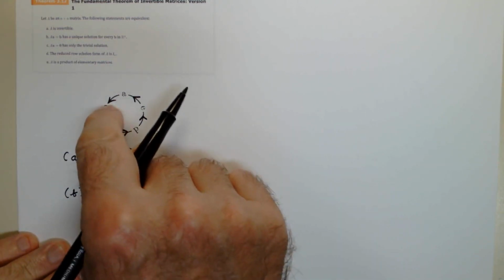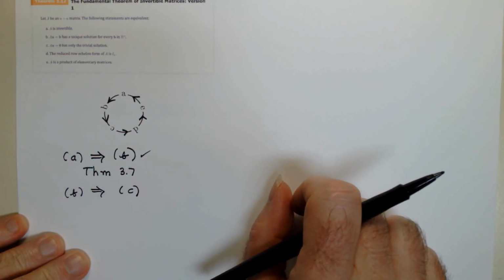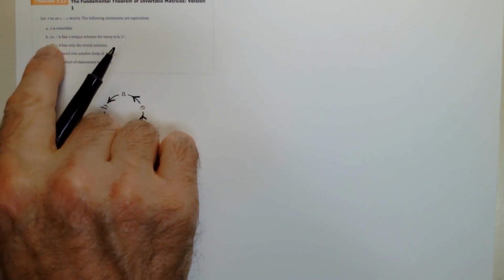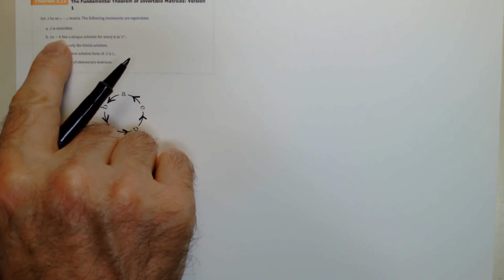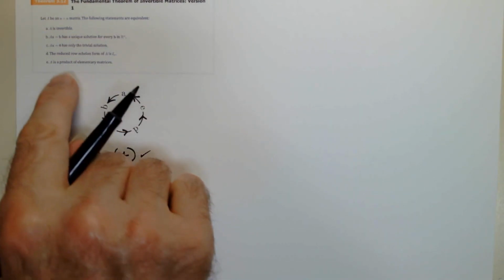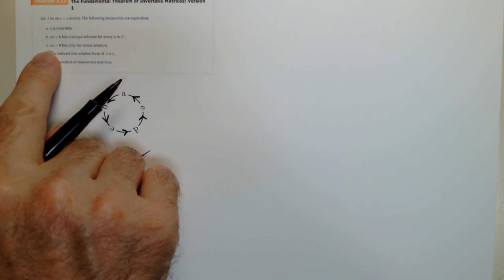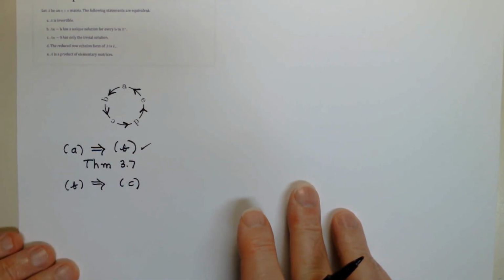Okay, let's see if we can form this next chain. B implies C. Now, what do we know from B? We're saying that B is true. So we know that AX equals B has a unique solution for every B in Rn. And C asks us to show that AX equals 0 has only the trivial solution. So all we have to do is something like this.